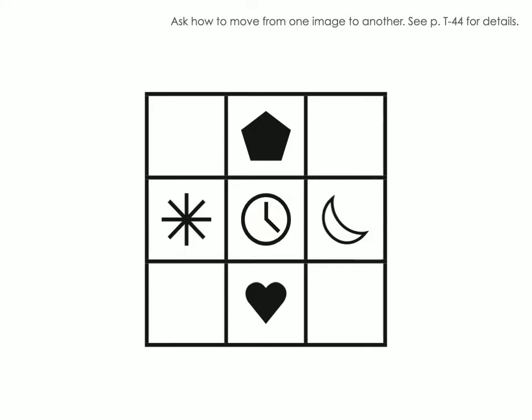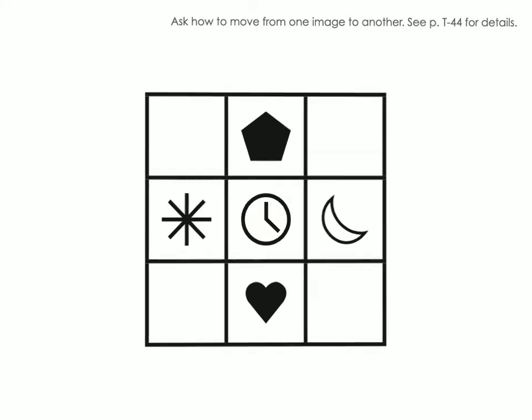The moon is 2 squares to the right of the star and only 1 square to the right of the clock. The pentagon is 2 squares up from the heart and 1 square up from the clock. And that's how we would describe all the things on there.